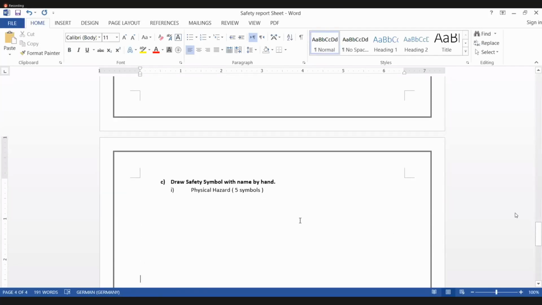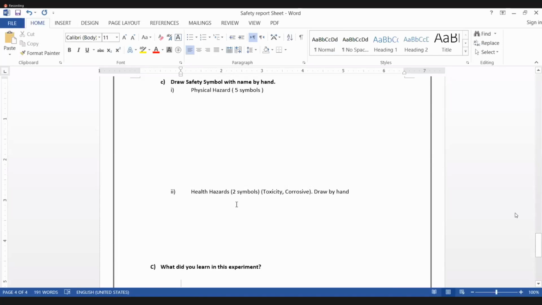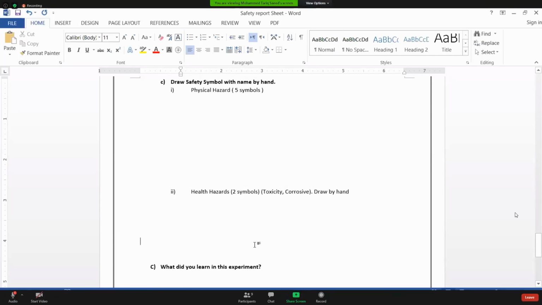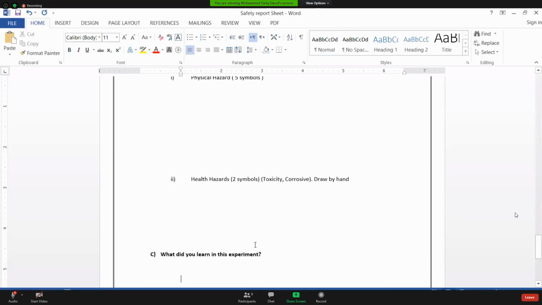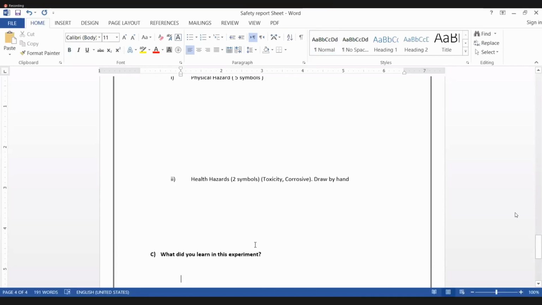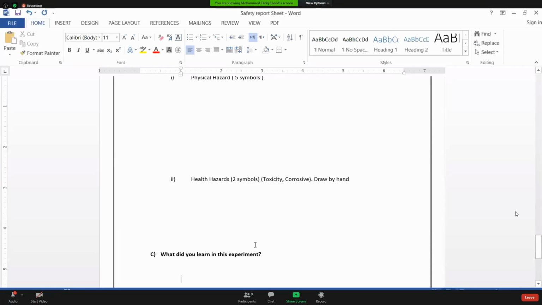And draw the safety labels, which I already showed you: physical hazard, 5 symbols, and health hazards, 2 symbols, toxicity and corrosive. And the last one is, what did you learn in this experiment? Write 2 or 3 points only.